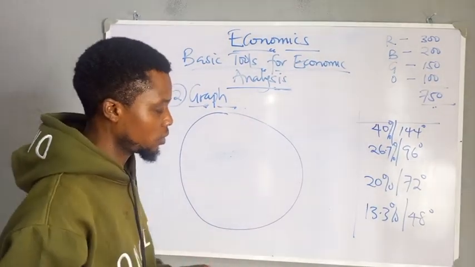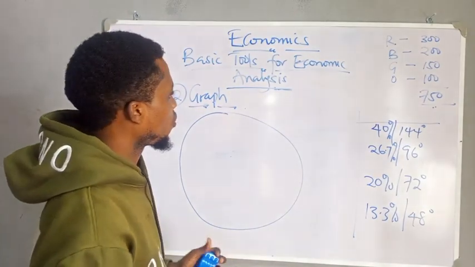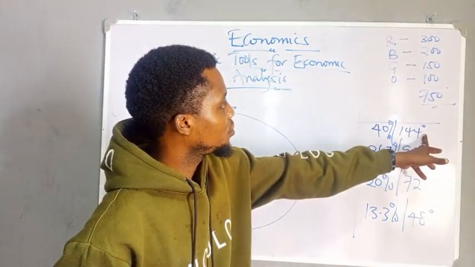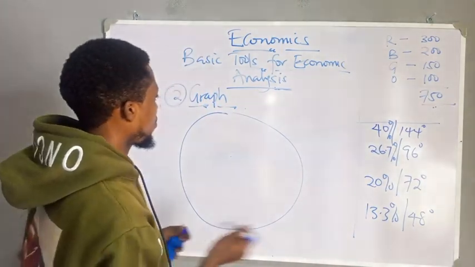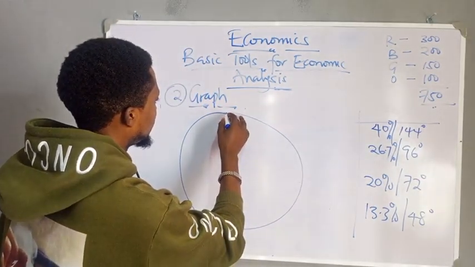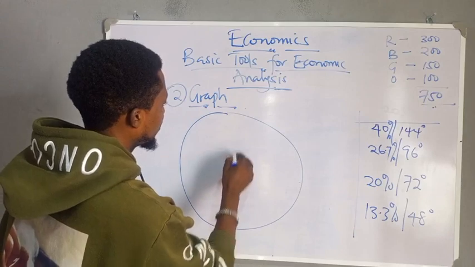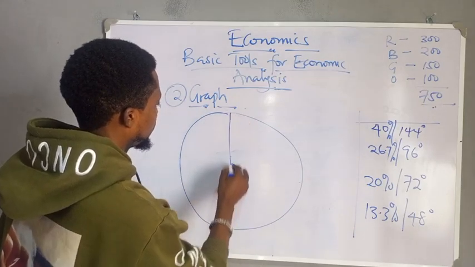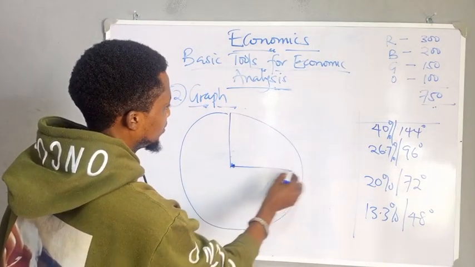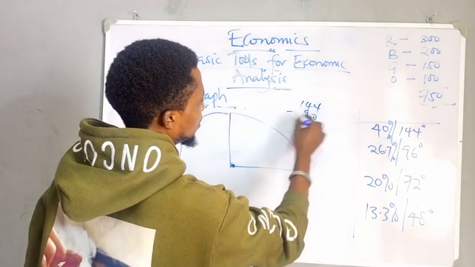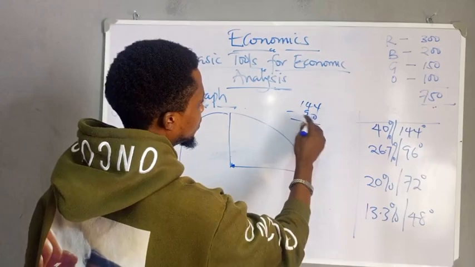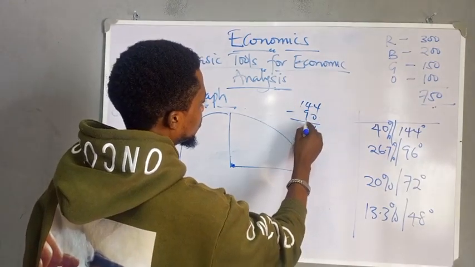Okay, this is our circle. Then for rice we have 144 degrees. These are midpoints. Let's say this is 90. 144 minus 90 will give us 54.